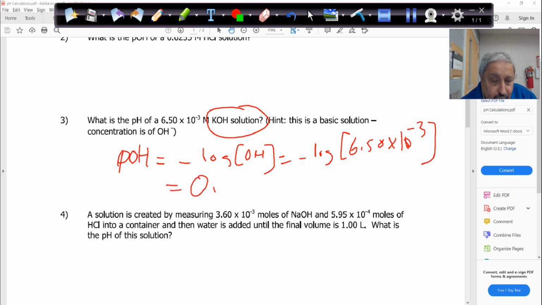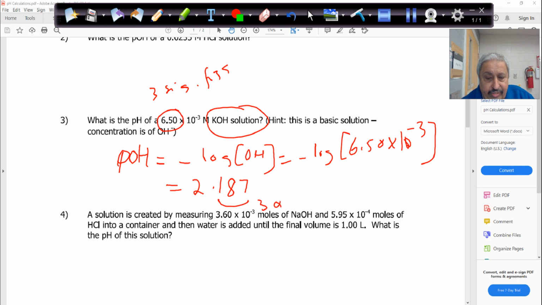Slowly. Hold on. 2.187. That's good because it has 3 sig figs. We have to respond to this one to 3 digits after the decimal. Okay, so that's the pOH.